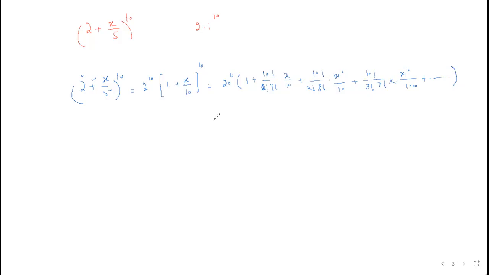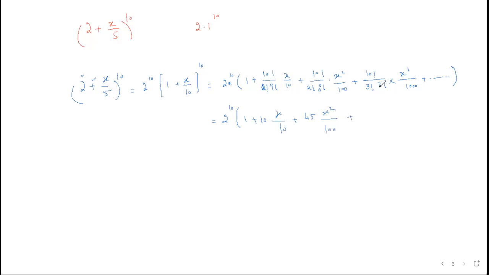Okay, so now we have here, sorry, this is not 20, this is 2. So 2 power 10, and then 1 plus, of course, this is 10, x divided by 10, plus 45 x square divided by 100. This should be 100 because 10 square is 100.